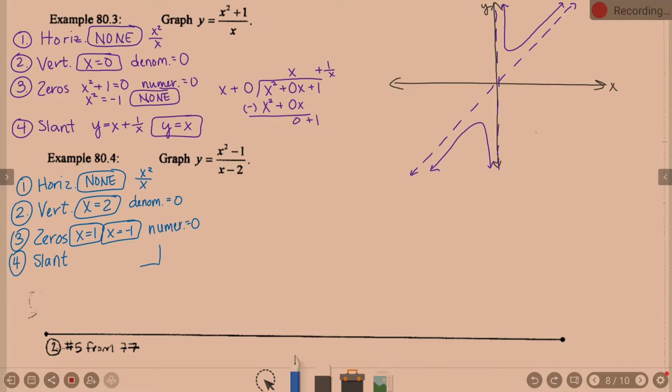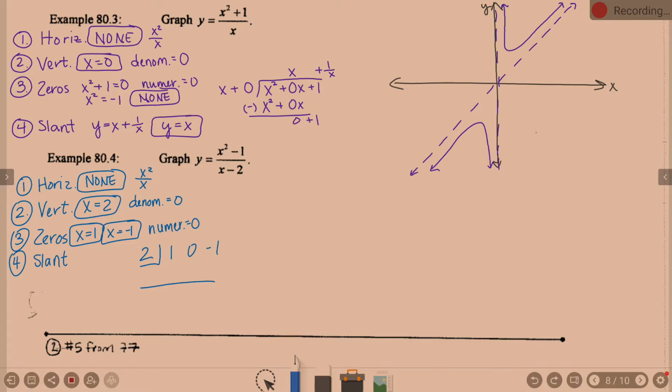You either like it or hate it, but if we're doing synthetic, since we're dividing by x minus 2, in my box is going to be positive 2, right? Because you said x minus 2 equals 0, so 2's in the box. My top row, what represents x squared minus 1? 1, 0, negative 1.